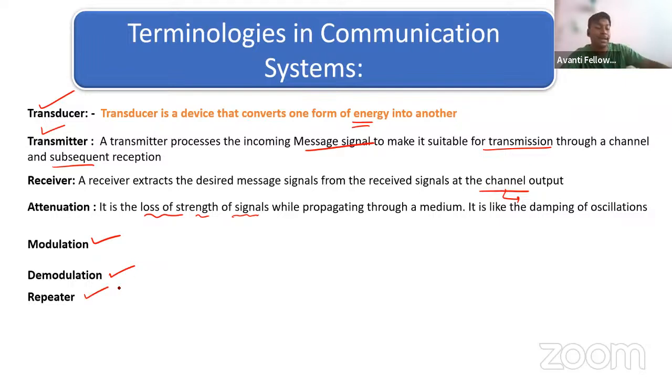Repeater means if I am transferring the signal over a very long range, then I produce a signal that can only transfer up to this point. Like I have point A, point B, and point C. In this case, the strength can only be carried up to point B. To transmit to point C, I need to put in another unit, this repeater, that repeats the signal transferred here.